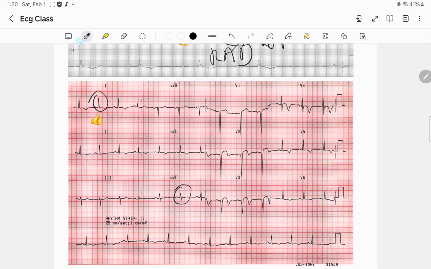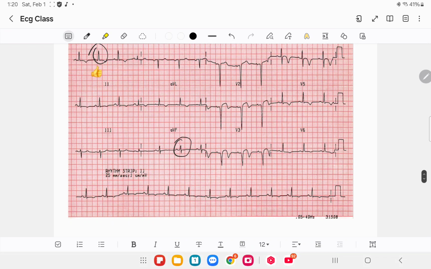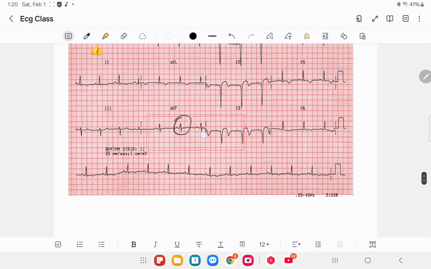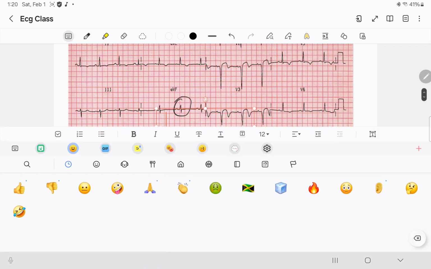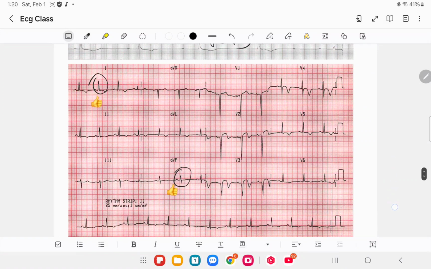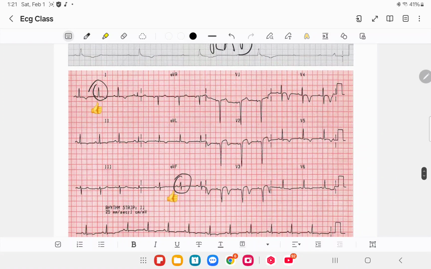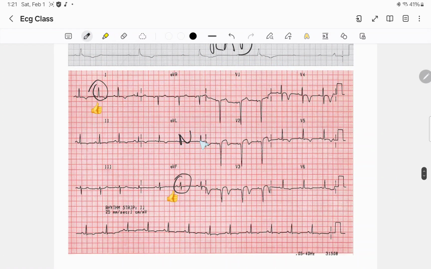So that's a thumbs up. So 2 thumbs up, that's normal for sure, right? So normal axis right here.